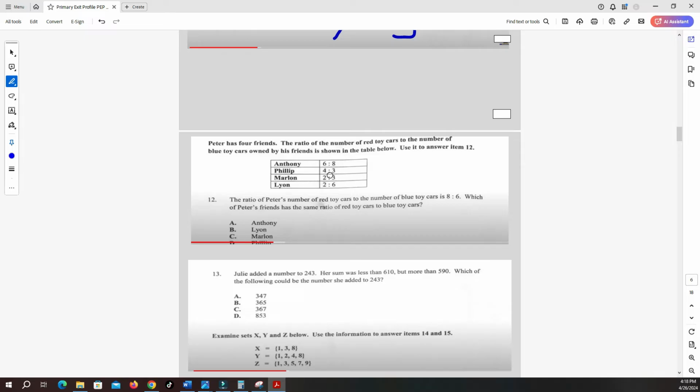The ratio of Peter's number of red toy cars to the number of blue toy cars is 8 to 6. So which of Peter's friends has the same ratio of red toy cars to blue?